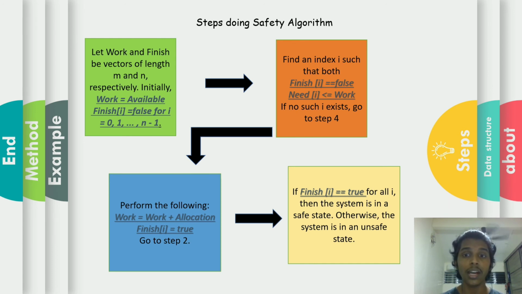If no such i exists, go to step 4. Step 3 is we perform the following: Work equals Work plus Allocation and Finish[i] equals true. Go to step 2. And the last step is if Finish[i] equals true for all i, then the system is in a safe state. Otherwise, the system is in an unsafe state.